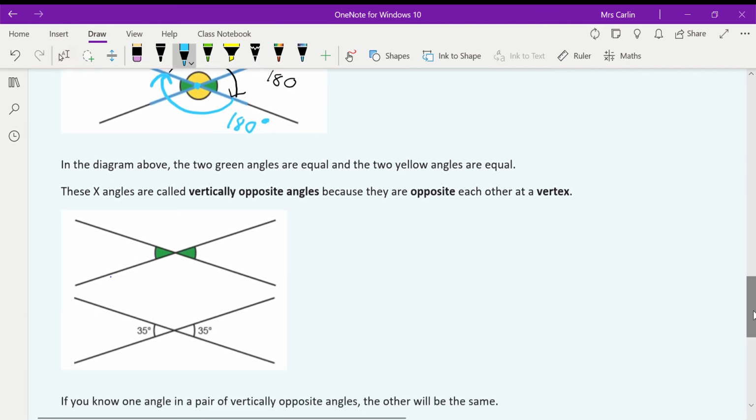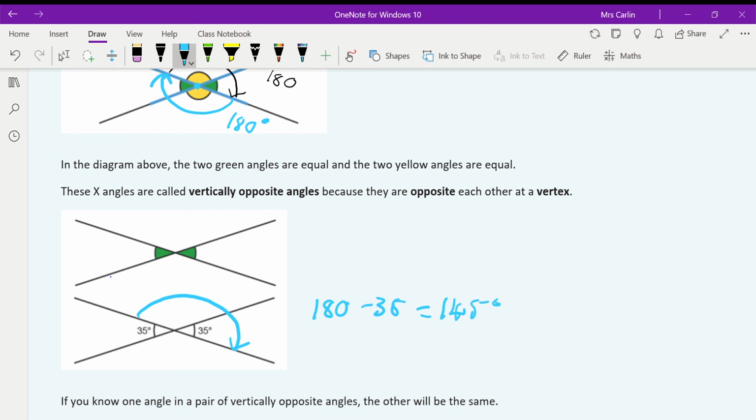So in this diagram here, we've got the two green angles, and if we were to say that one side was 35, this would mean that the opposite angle would also be 35. But a question could ask you to fill in and find all the missing angles. So I would hope that you would use your knowledge that we've just spoke about, that you can turn this into a straight line angle, and then you would be able to do 180 take away 35, which would leave you 145 degrees.